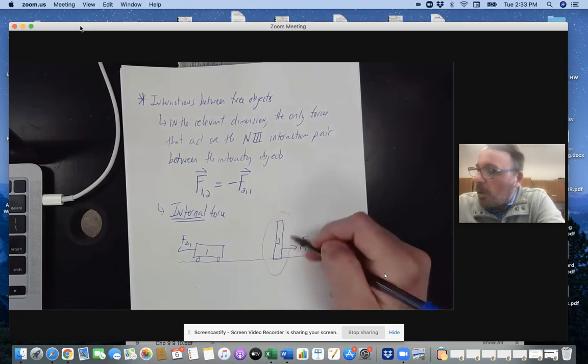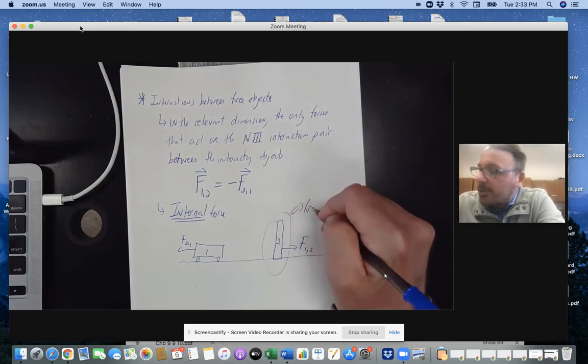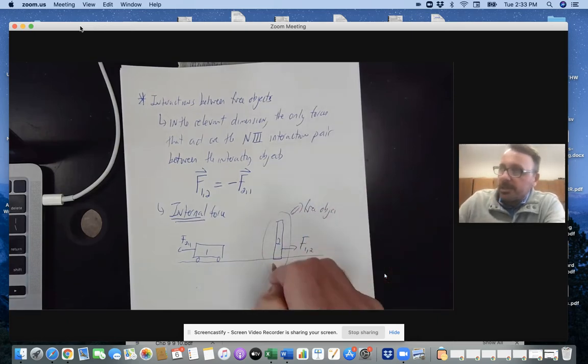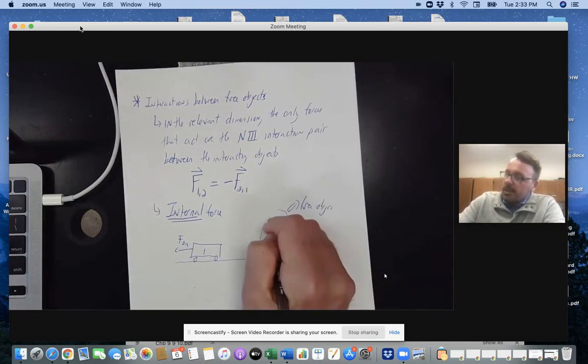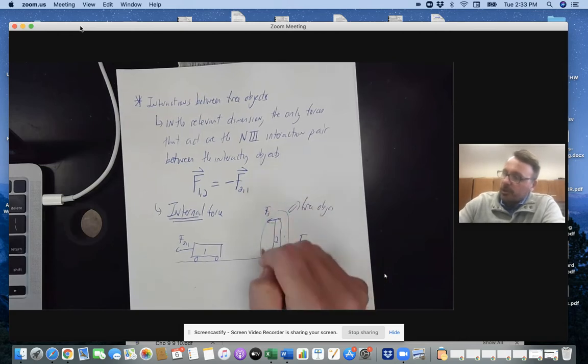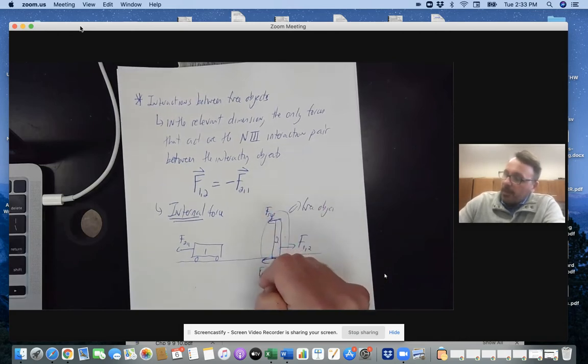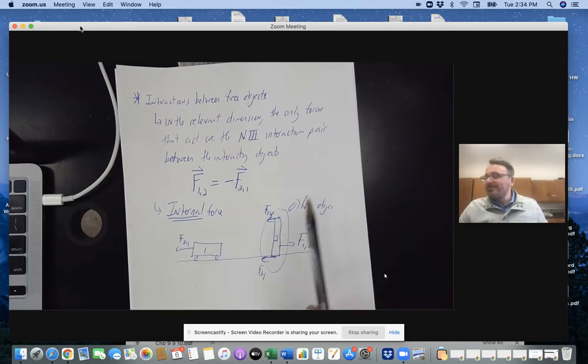Well, this wall here is not a free object. There's probably other forces holding this in place, that when this car exerts a force on this wall, there's like support structures, right? Some sort of support structure that are canceling out that force. So these would be considered external to the system.